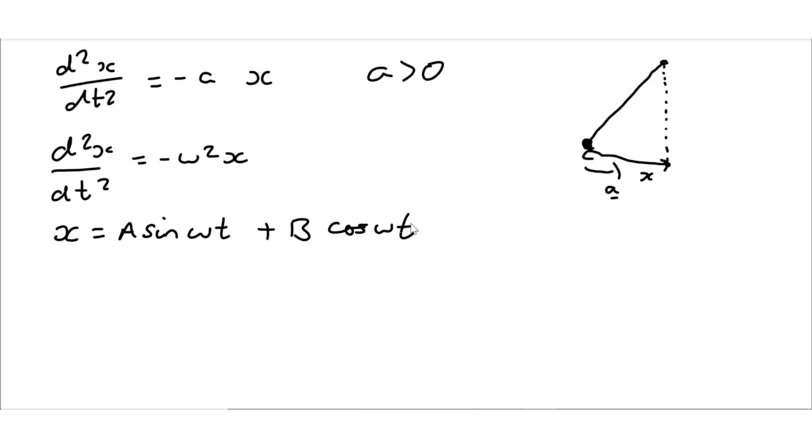And how do we know there's no more solutions? Well, for a second order equation, we need to look for two linearly independent solutions. And once we have that, we know any linear combination of that makes up the whole solution set. Okay, so we can make up the whole solution set with linear combinations of sine omega t and cos omega t. So a and b are just constants. Okay, and so that's the general solution.